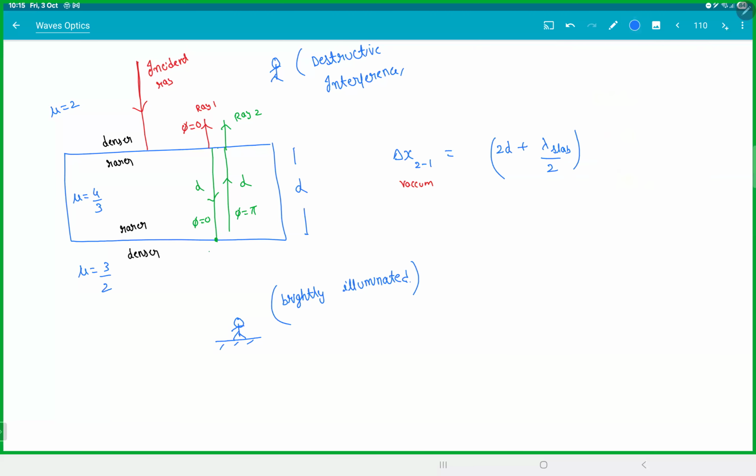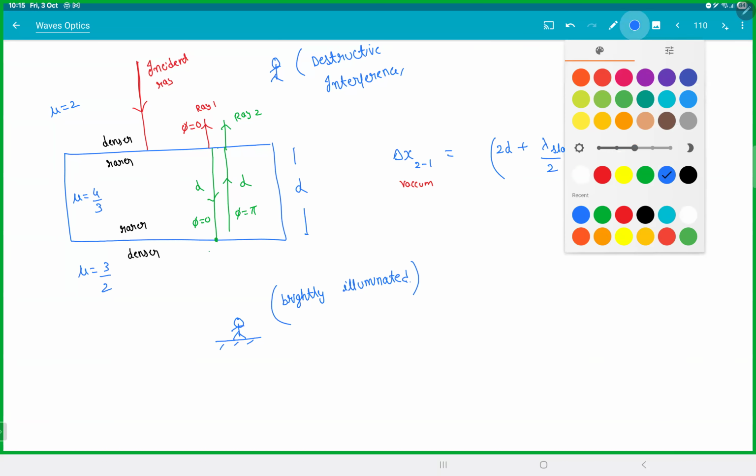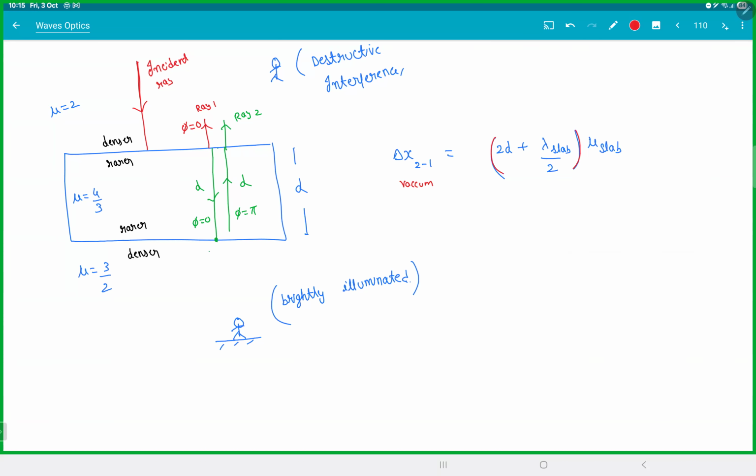So inside the slab, you travel 2D plus lambda slab by 2. We need to convert this into vacuum. So this is into mu slab. Fair enough. This is your delta X in the slab. By multiplying mu slab, you converted everything into vacuum. Clear?